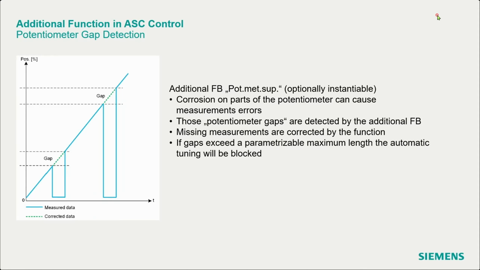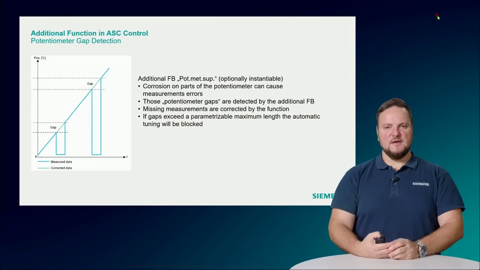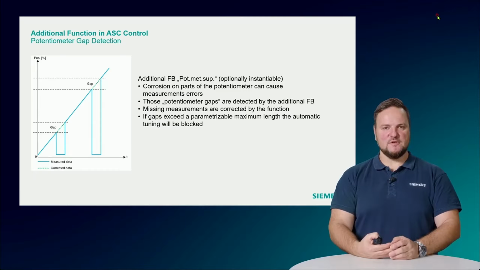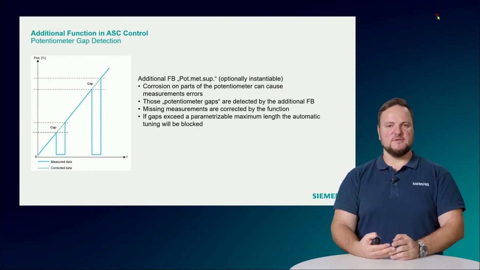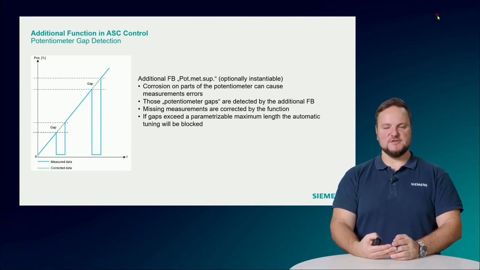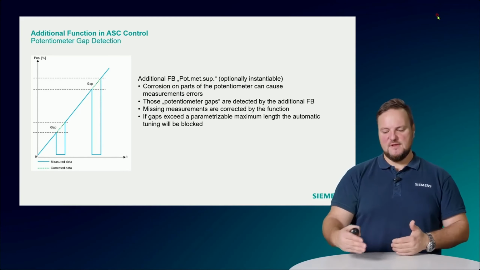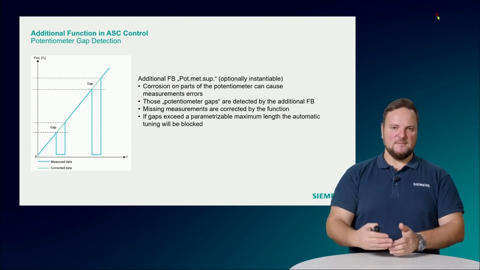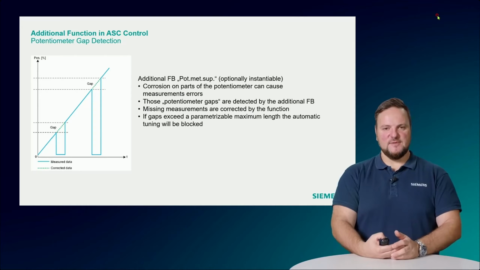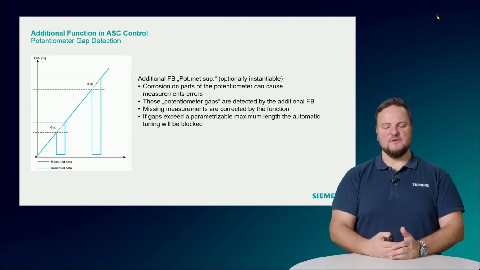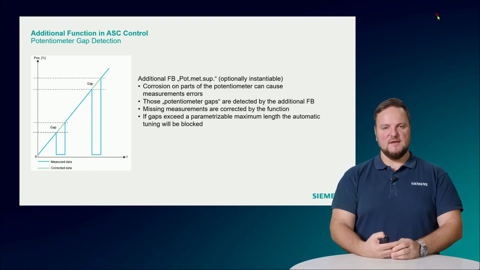Because over time, the parts of the potentiometer can have corrosion, and this causes some measurement errors, and those potentiometer gaps are detectable by this additional function block, and the missing measurements are corrected in the function itself. But if these gaps exceed the maximum length, the automatic tuning will be blocked by the function itself and gives an alarm.